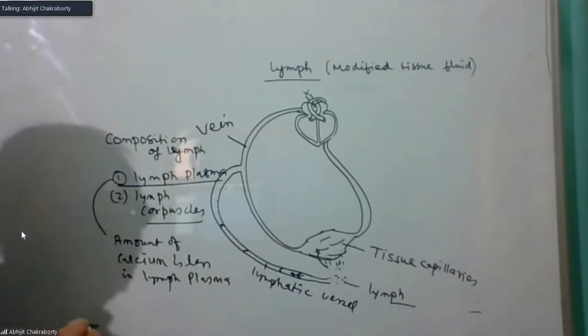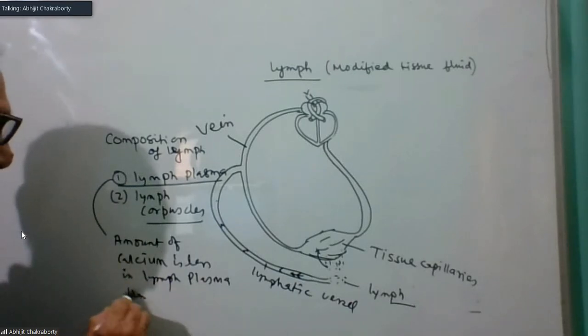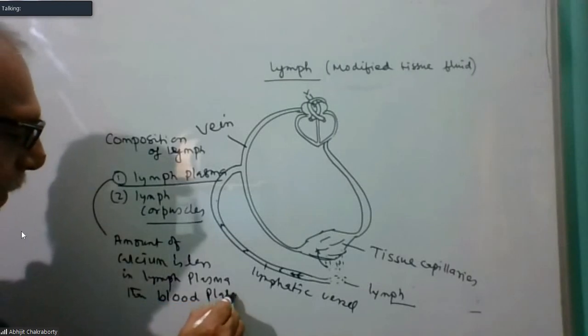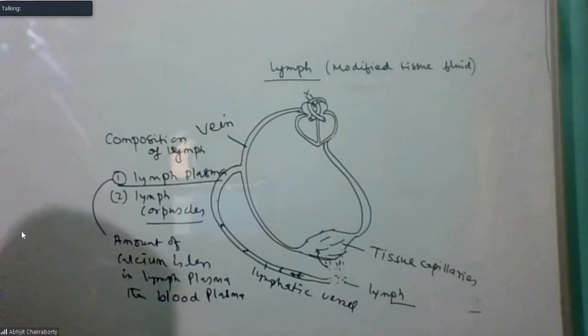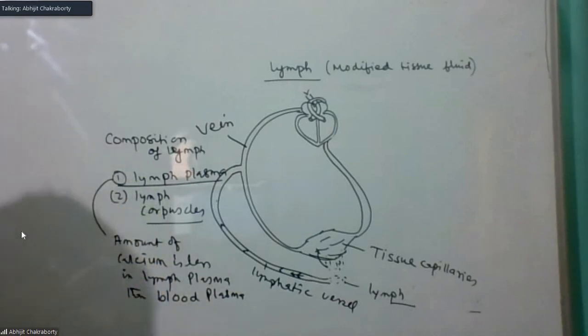Lymph plasma, then blood plasma. Remember this thing. Next, many globulin proteins are present as antibodies, and lymph corpuscles include the leukocytes only, mostly lymphocytes.